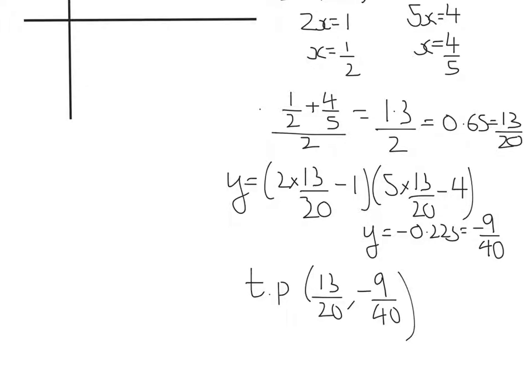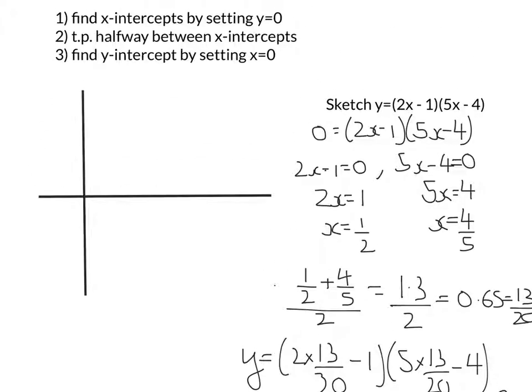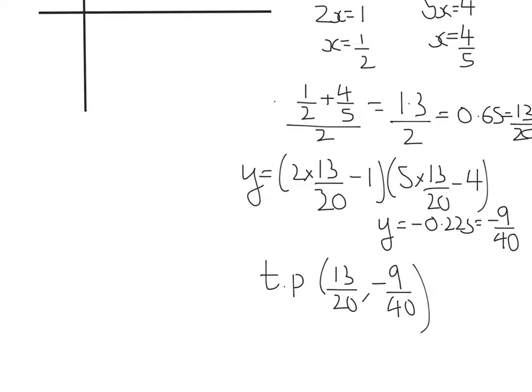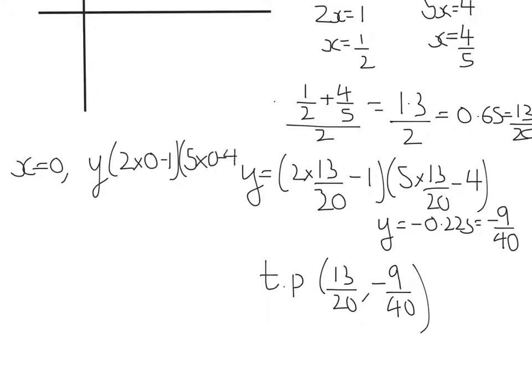So the last thing that we need to do before we draw the curve is find the y-intercept by setting x equal to 0. So in our equation, I'm going to put x equals 0. So we're going to have y is equal to 2 times 0 minus 1, brackets, 5 times 0 minus 4.